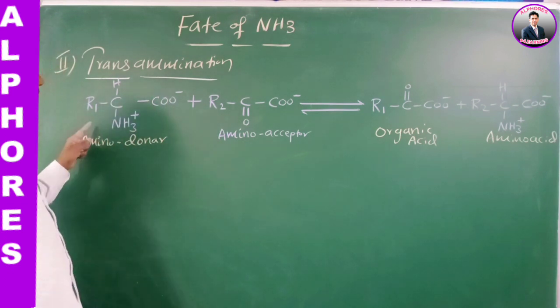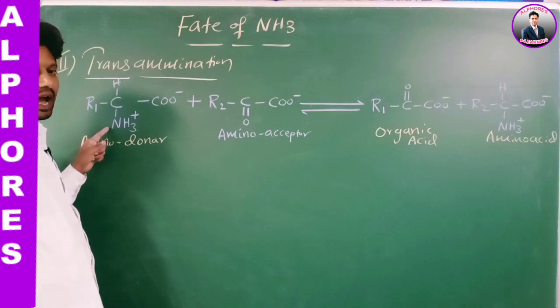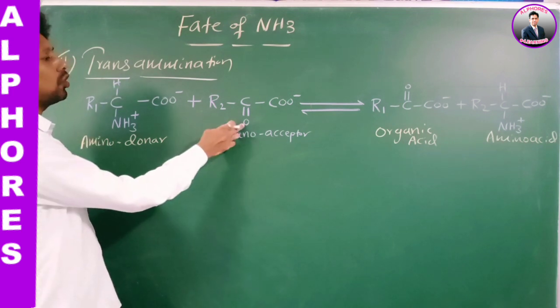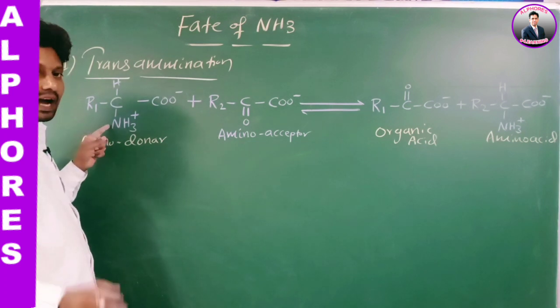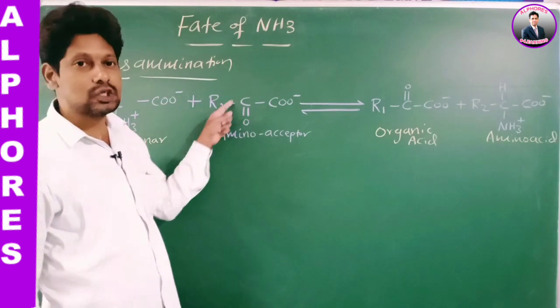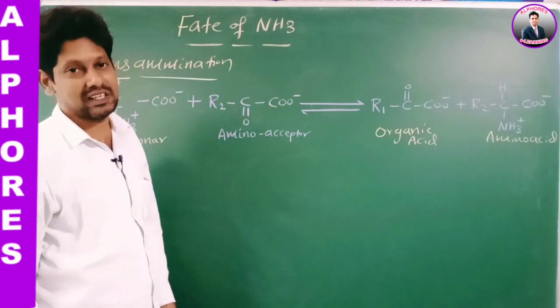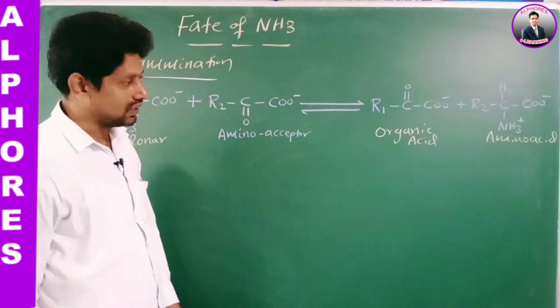When this compound donates the amino group, that amino group goes and adds to what? The keto group of a keto acid. Then what is formed?